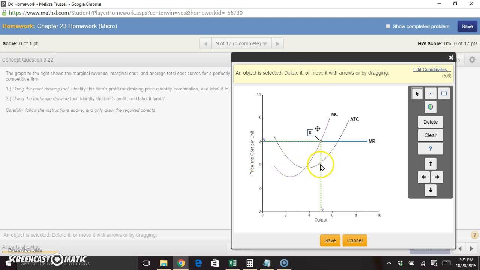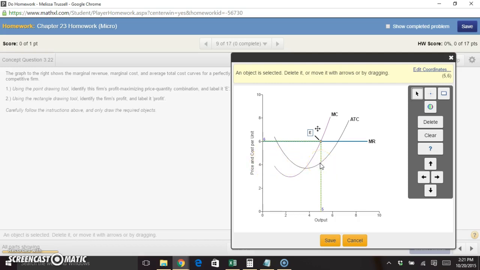So if we drew a line across from here over to this axis, then our total cost geometrically is the area of this rectangle, right? Because it's those 5 products, the length of the bottom, times that average total cost, this height here of this rectangle that ends right here.